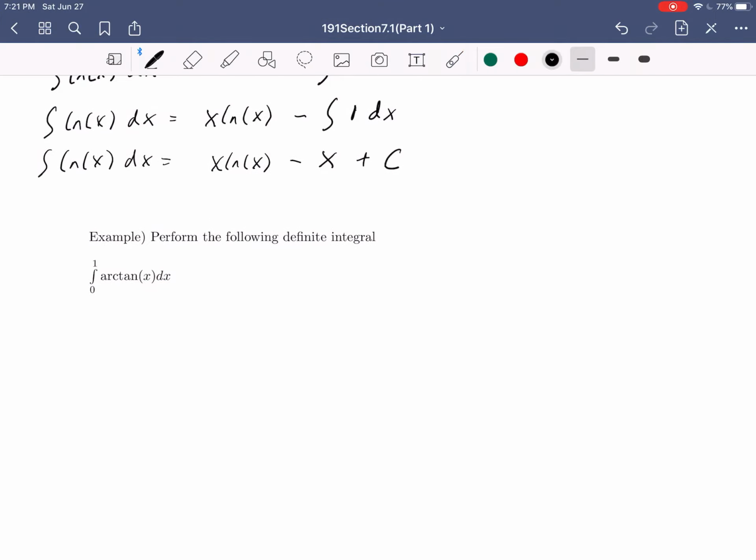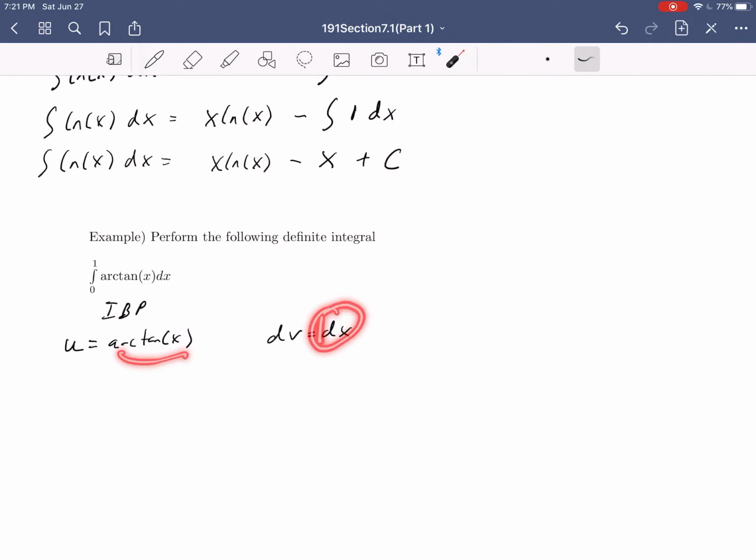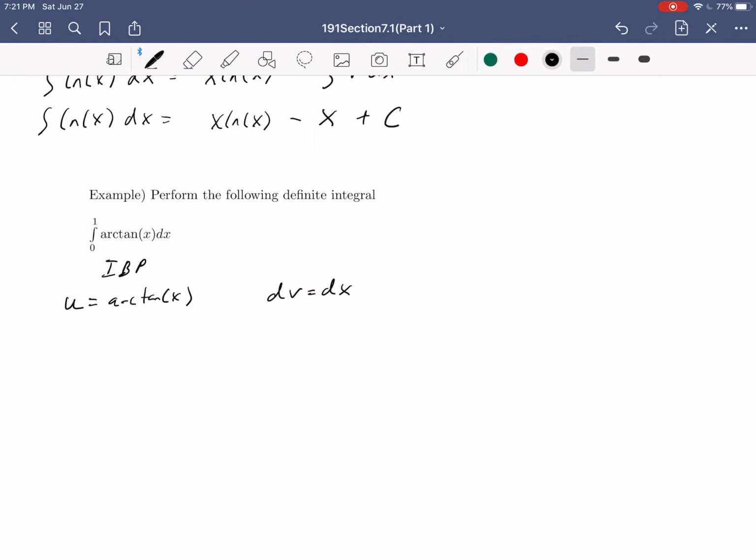So let's do our same sort of trick. We're going to try integration by parts. We're going to let u be arctan x, and we're going to let the dv just be the dx. So again, we're sort of using a 1 dx times the arctangent. So if we do the derivative here, we'll get 1 over 1 plus x squared dx. And of course, when we integrate this, we will get x.